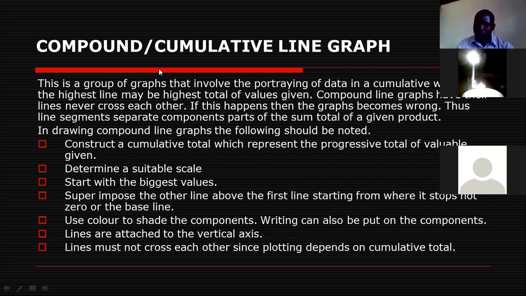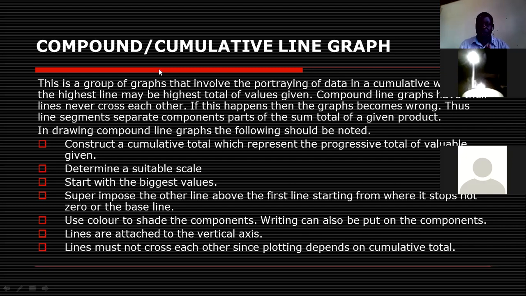In the real sense of understanding a compound, it is something that keeps adding on in a cumulative way. A bar is constructed so that you have values adding on top of the other. You cannot draw a compound or cumulative line graph or bar graph without having the cumulative table.